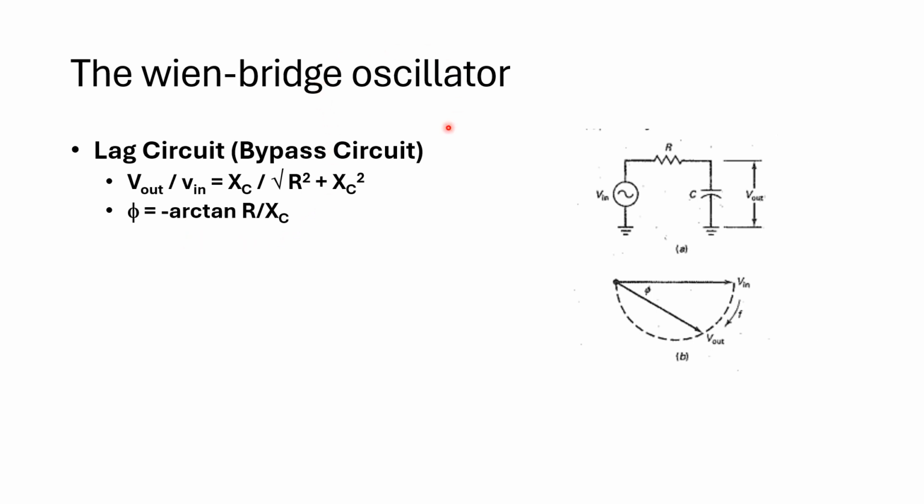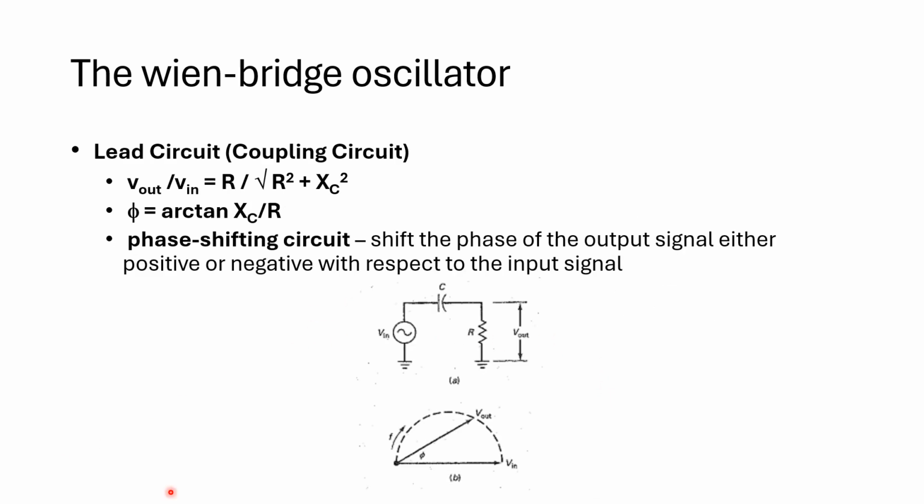The negative sign in the equation specifies that the output voltage lags the input voltage. Look at the phasor diagram. The output voltage can lag your input voltage from 0 degrees up to a maximum of negative 90 degrees. So we call this a lag circuit.